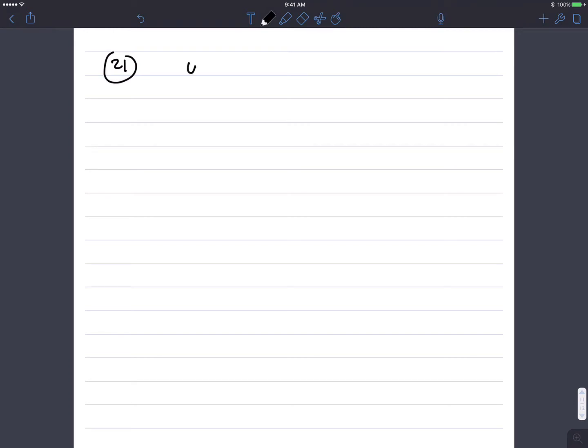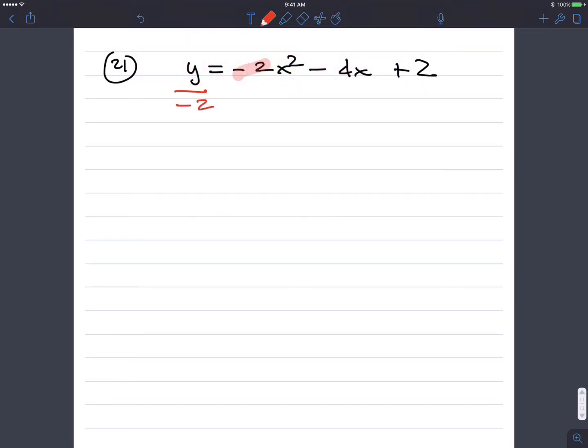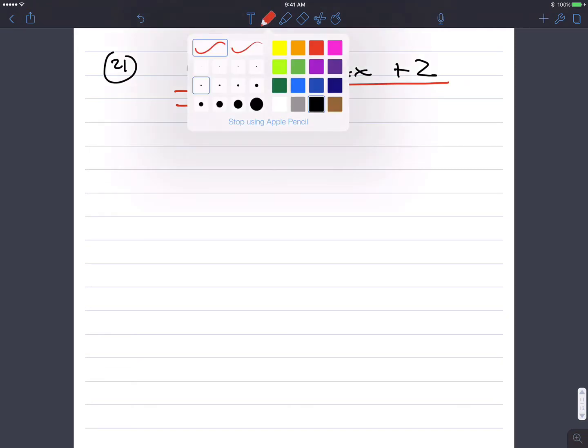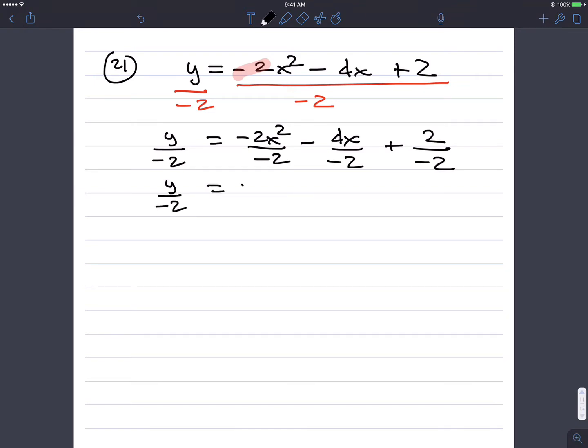21 says y is negative 2x squared minus 4x plus 2. a here is negative 2. Divide both sides now by negative 2. y over negative 2, negative 2x squared over negative 2, minus 4x over negative 2, plus 2 over negative 2. x squared plus 2x minus 1.